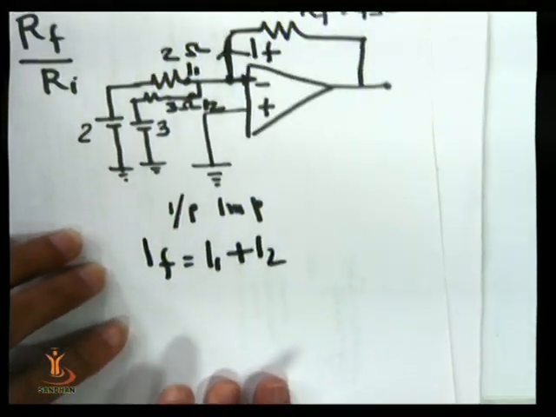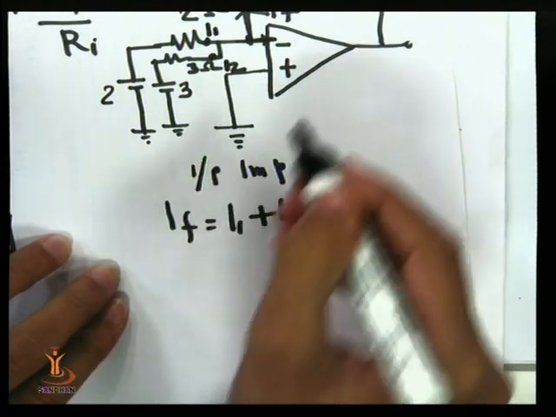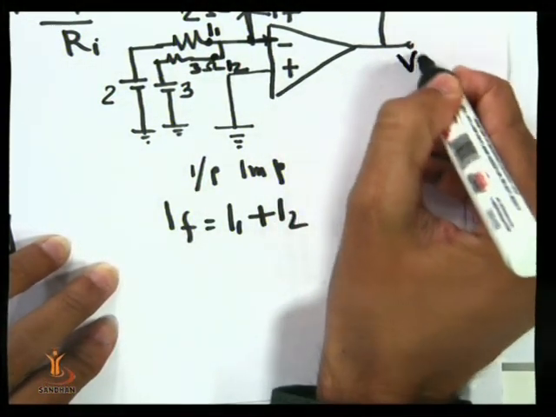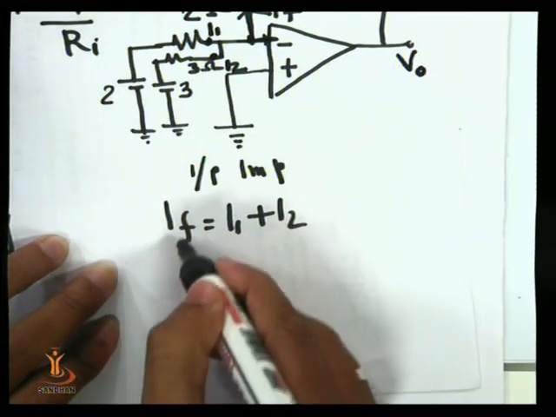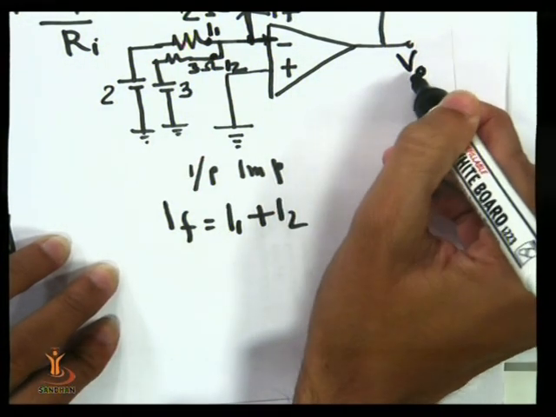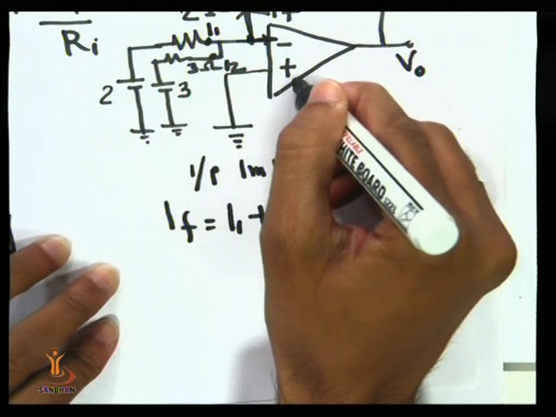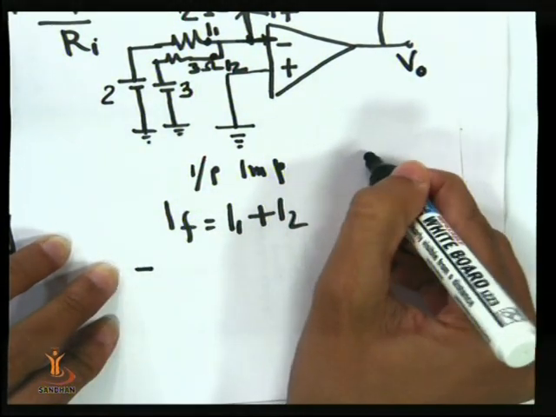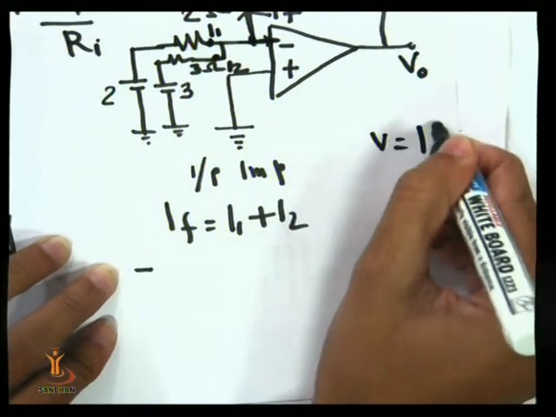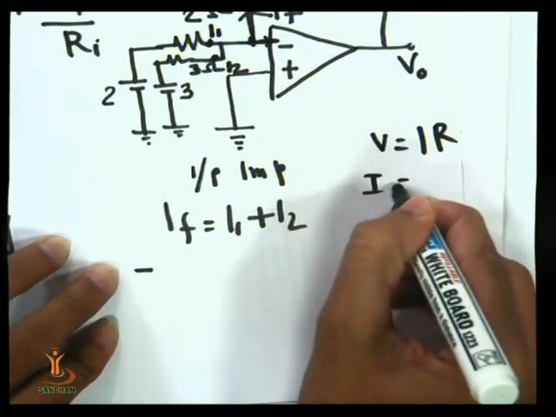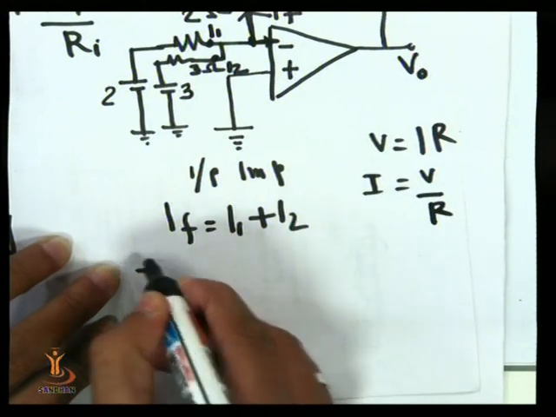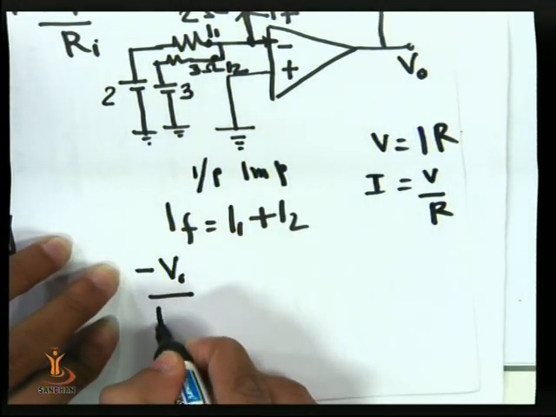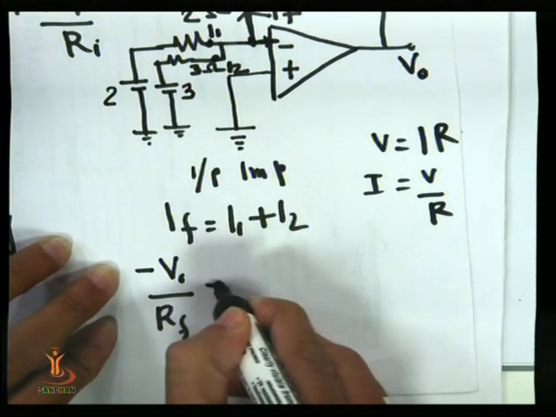Here I am writing V0, the developed voltage. Whatever voltage is developed in the inverting configuration is negative. From Ohm's law, V equal to IR, so I equal to V by R. Here I write V0 instead of V, and RF, my feedback resistor, instead of R. So IF equals minus V0 upon RF, equal to I1 plus I2.